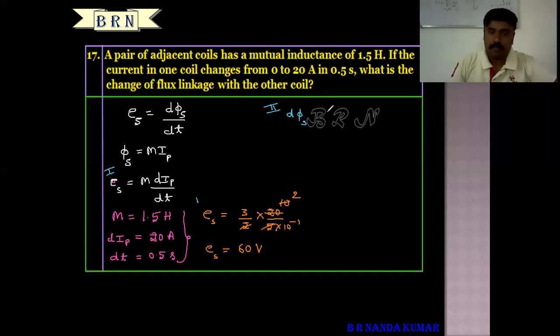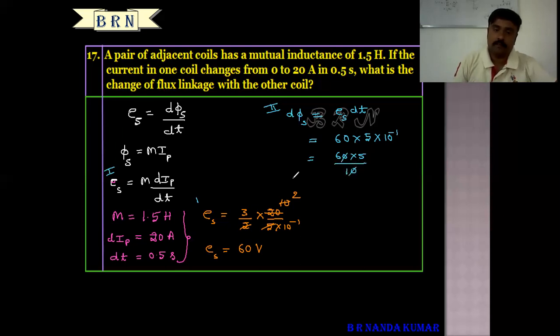So d phi s is equal to es into dt. The EMF induced in the secondary coil is 60, dt is 0.5, that is 5 into 10 power minus 1. So 60 into 5 into 10 power minus 1, denominator shift becomes 10, zeros cancel, 6 into 5 is 30. So the magnetic flux linked with the coil is 30.